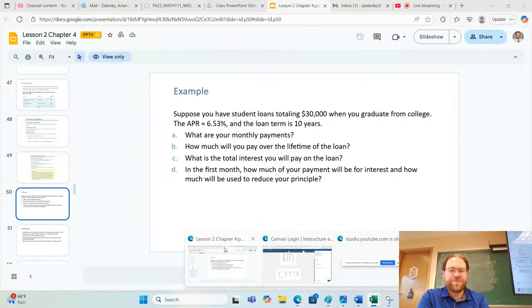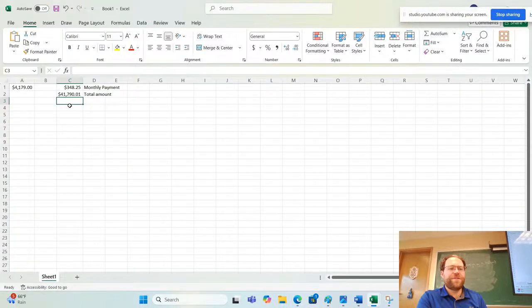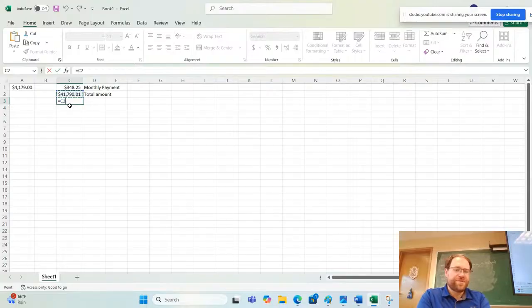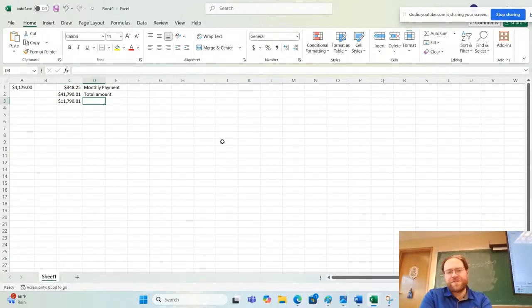The next question here: what is the total interest you'll pay on the loan? So just that amount minus your starting principal. So it looks like $11,790.01 in total interest.